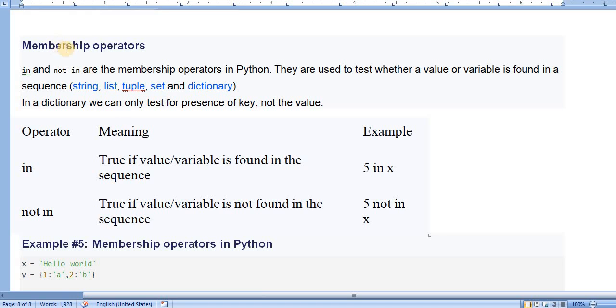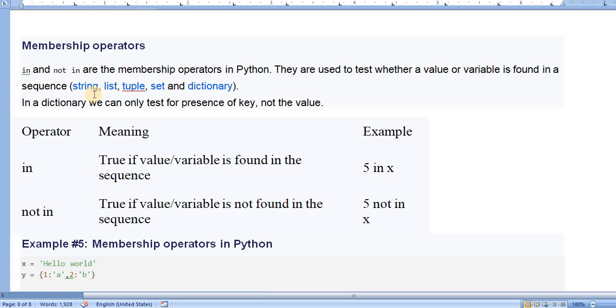Next are the membership operators. In and not in are the membership operators in Python. They are used to test whether the value of a variable is found in a sequence: a string, list, tuple, set or dictionary.